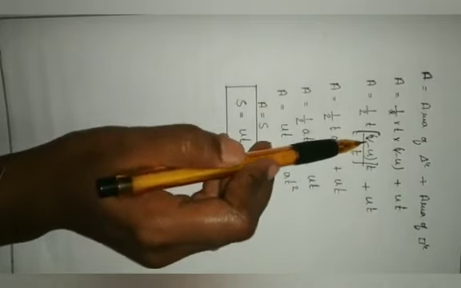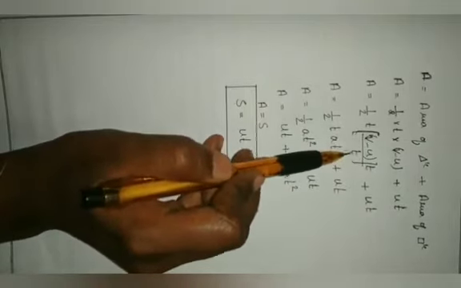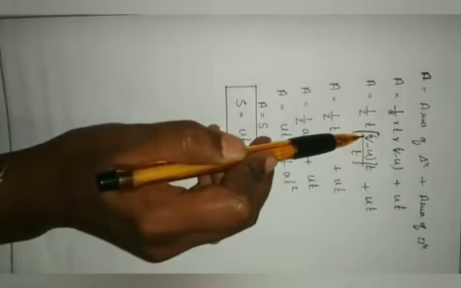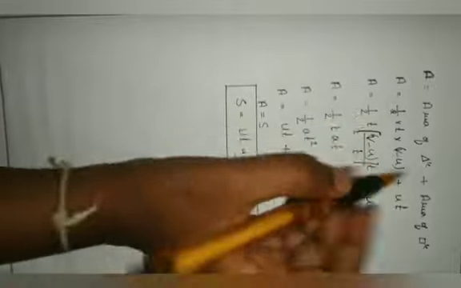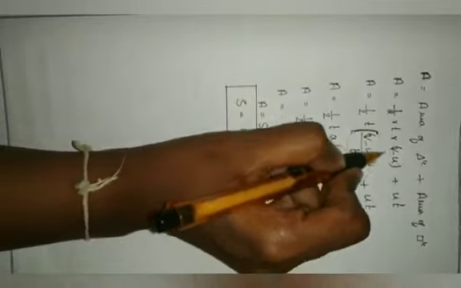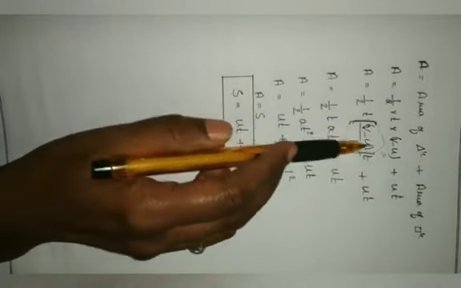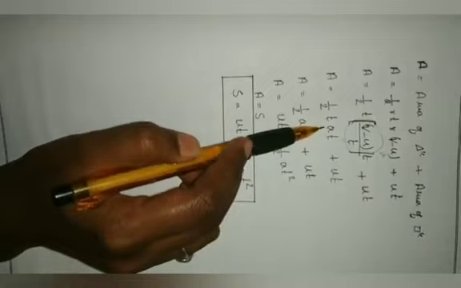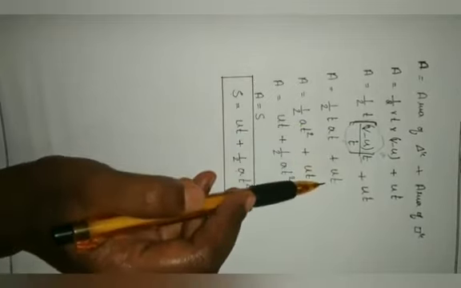V minus U divided by T, change in velocity divided by time taken, or final velocity minus initial velocity divided by time taken, is acceleration. So this total value is A into T plus UT.